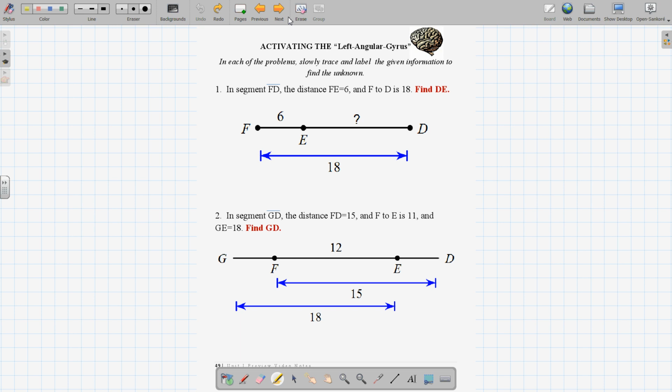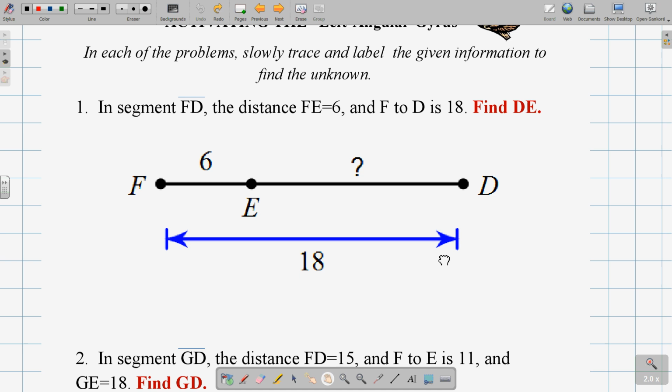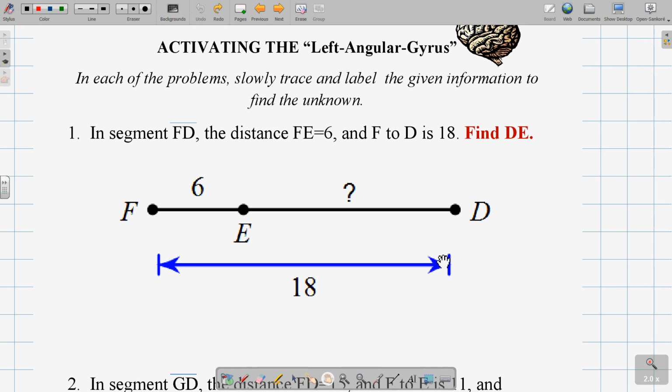Let me give you some very simplistic examples. Activating the left angular gyrus. You do not activate that part of your brain through your eyeballs. You activate it through your fingers. In each of the problems, slowly trace and label the given information. Find the unknown.